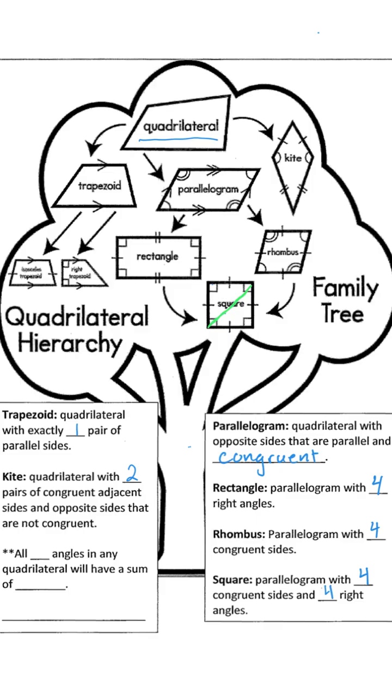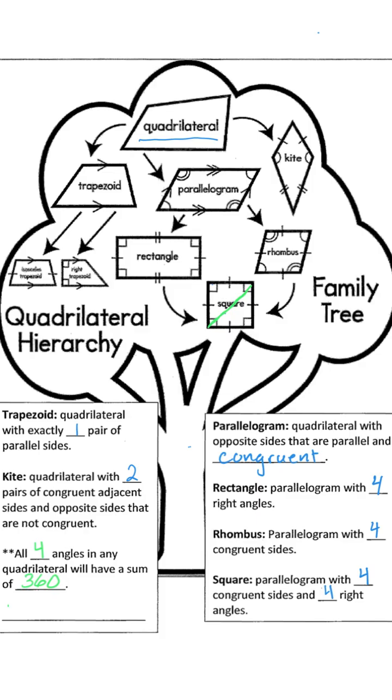And if a triangle is 180 and a second triangle is 180, that means that all four angles in any quadrilateral will have a sum of 360 degrees.